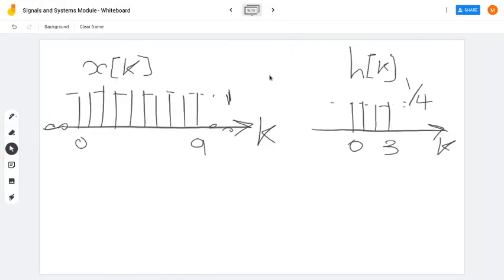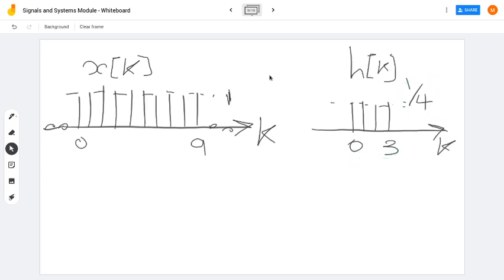So basically this is x of k. It's basically unit step u of k minus u of k minus 10. Subtracting these two, only the remaining samples will be from 0 up to 9. And h of k, as we have found it, is basically samples of the weight of 1 over 4 from 0 to 3. Now we need to do the convolution.